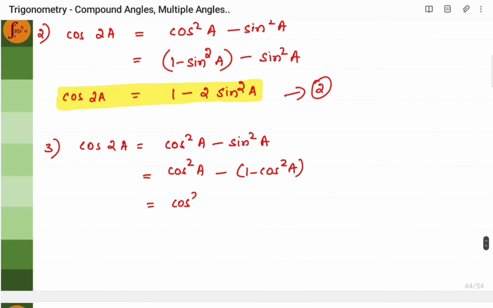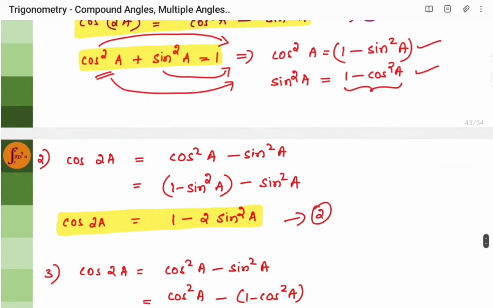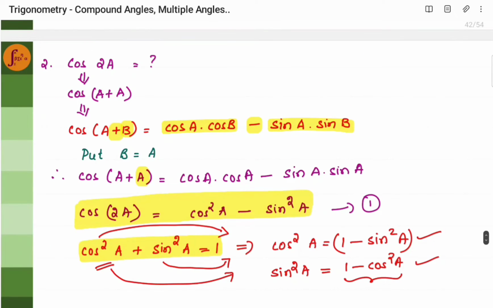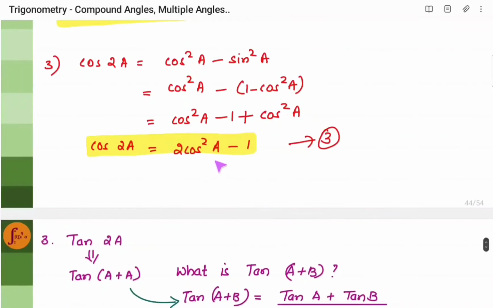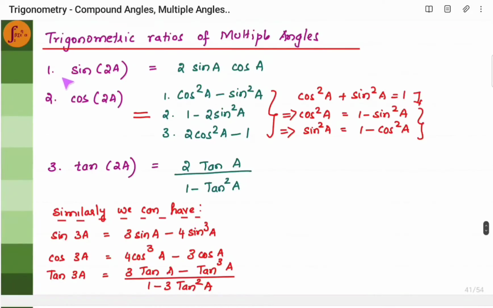So I will get cos square A minus 1 plus cos square A, which is 2 cos square A minus 1. So this is the third formula. Now you see, for cos 2A, we have derived all of these three formulas.